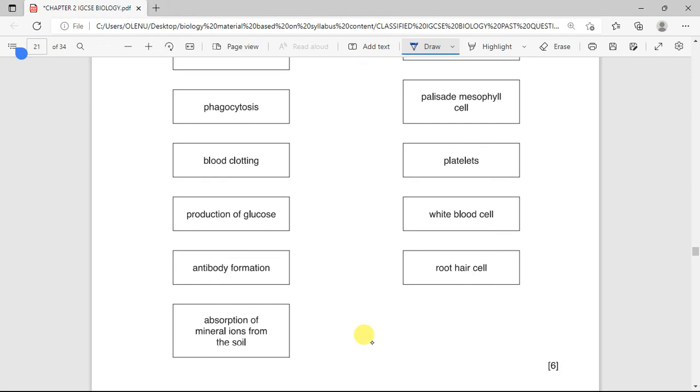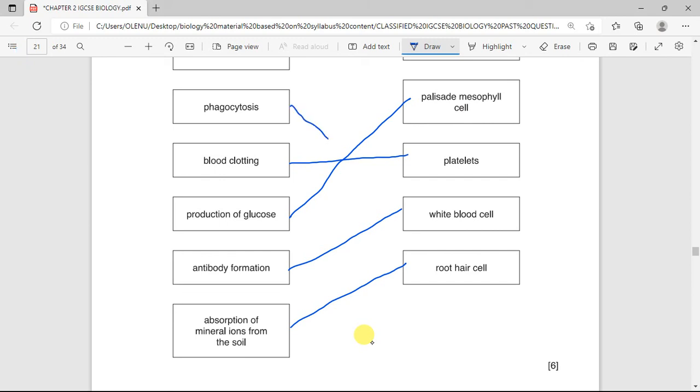Absorption of mineral from the soil, root hair cell. Antibody formation, white blood cells. Blood clotting, platelets. Production of glucose, palisade mesophyll cells, because they also help in photosynthesis and produce glucose.